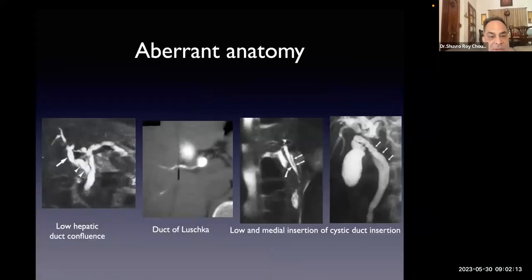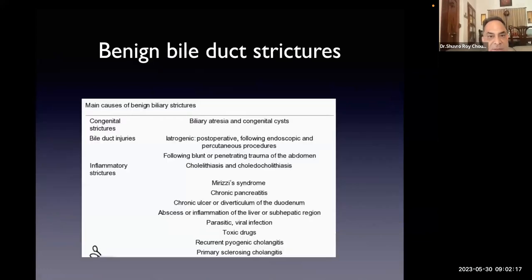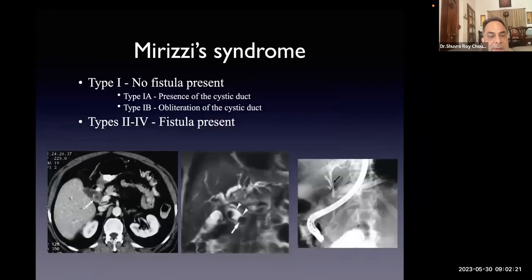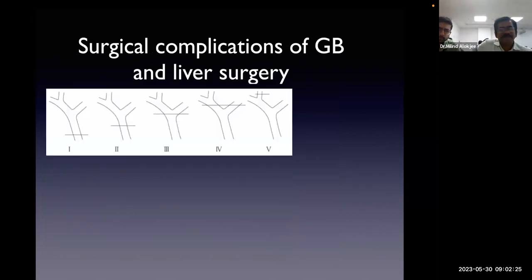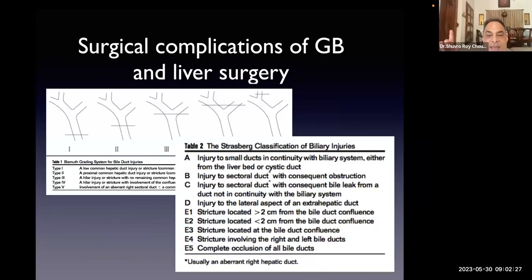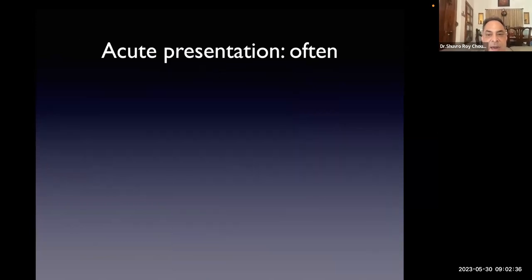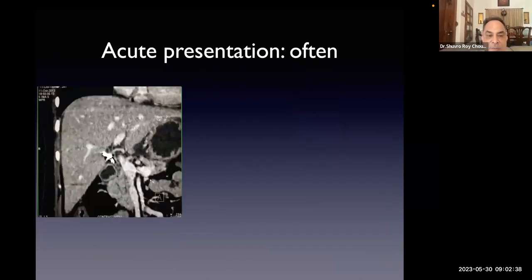Cholangitic abscess, we have talked about these things. The last thing is about the Bismuth level of strictures: type 1, type 2, type 3, type 4, and type 5. They often have an acute presentation.